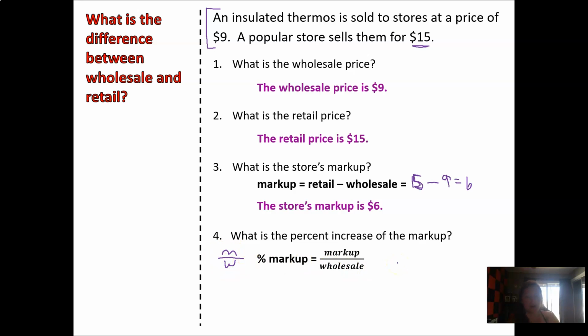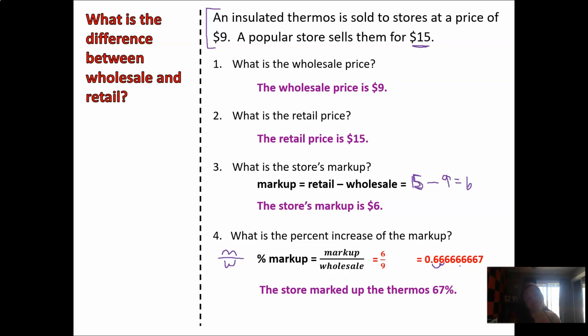So our markup was $6 divided by our wholesale, which was $9. So 6 divided by 9 gives us 0.6666, and it would end at 7. We've drilled percentages like crazy, right? So we move our decimal over 2 places.